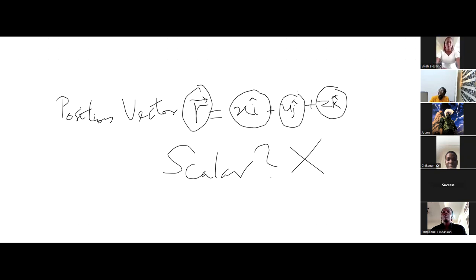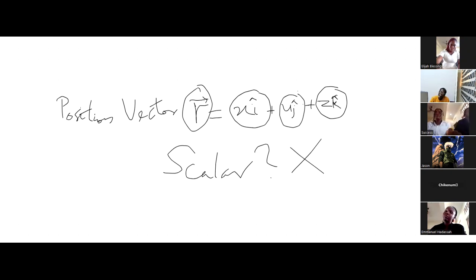Blessing, lower your hand. Success, give an example of scalar quantities. Okay, sir. Example of scalar quantity: mass. Example of scalar: distance. Okay, mass.